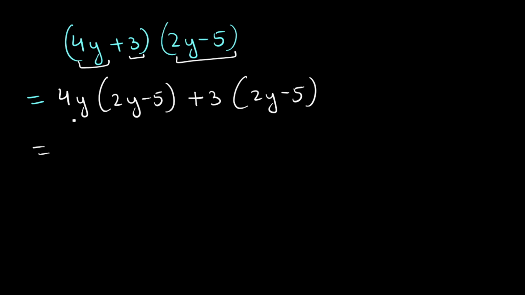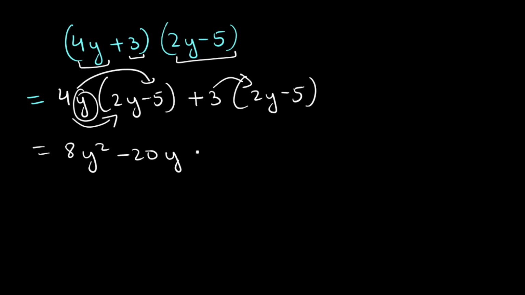So again, we have 4y times 2y, 4 times 2 is 8, y times y is y square, and now we have to multiply 4y times a negative number, negative 5. 4 times negative 5 is negative 20, and the y variable we simply write as it is, and then we have 3 times 2y, so we get 6y, and positive 3 times negative 5, so that is negative 15.